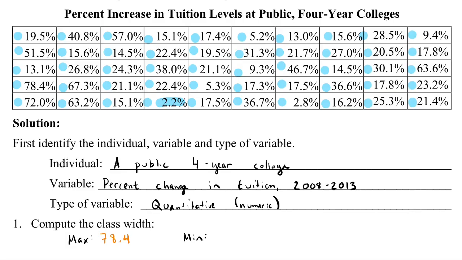Okay, I got lucky and grabbed the minimum on my first try. Our minimum value is 2.2. And then the number of classes we were asked for was 8. And so we're going to put that into the formula.